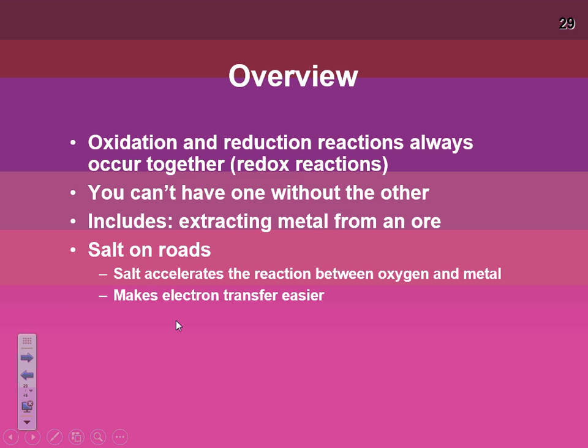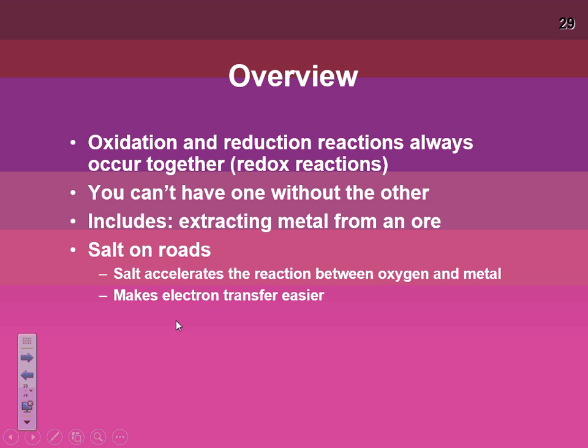Now, salt on the roads. This is not referring to salt's ability to melt ice. That's something that we would have to discuss later. This is simply about salt getting on cars, getting on wheels, getting on anything that is iron. Since salt really dissociates in a solution and becomes an ionic solution, you can carry electrons a lot easier.